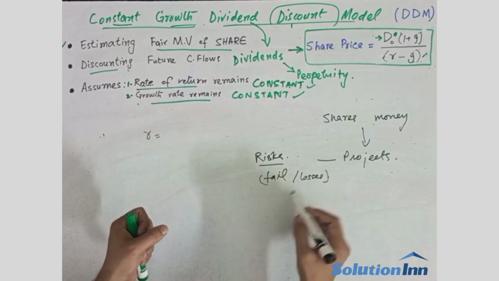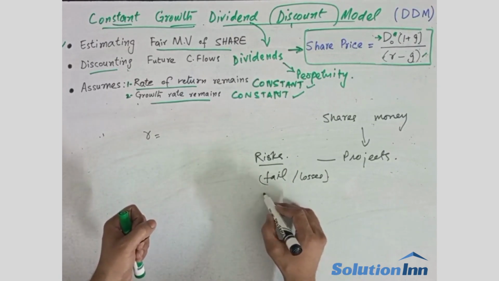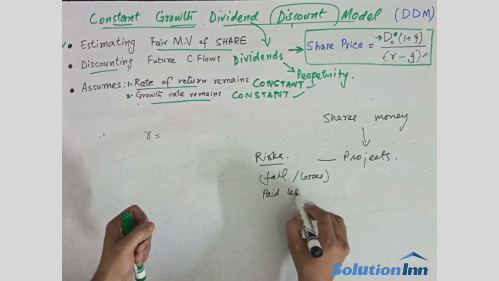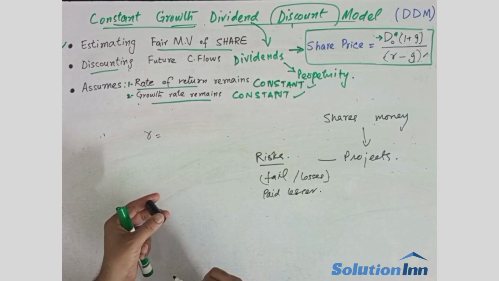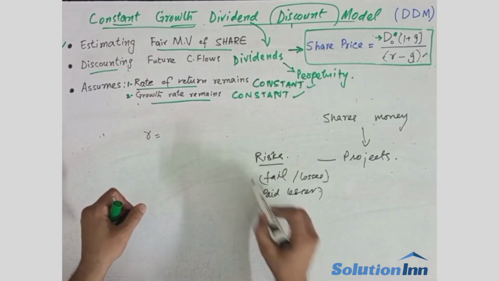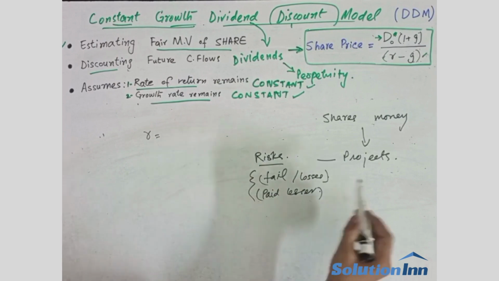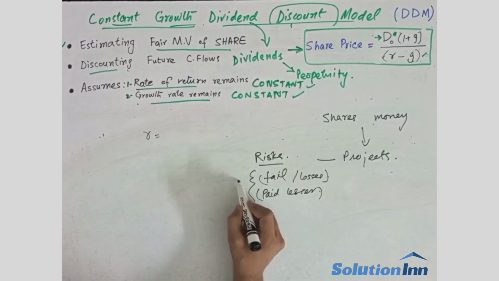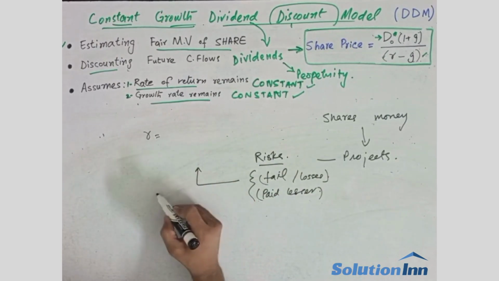So there is another risk of being paid less. So to compensate for these risks, the shareholders require a rate of return.